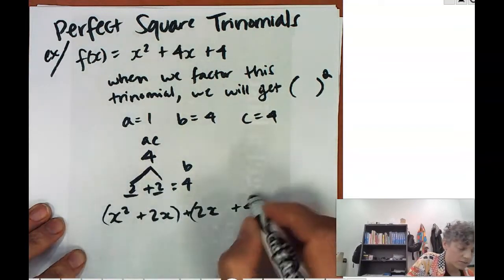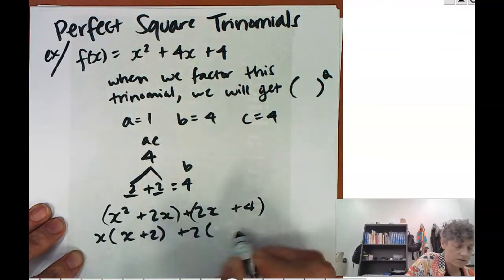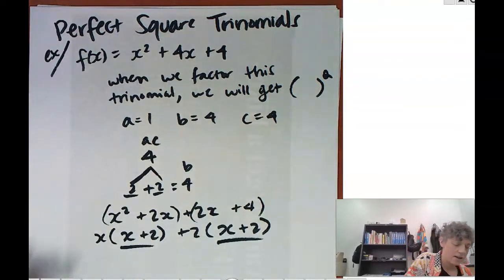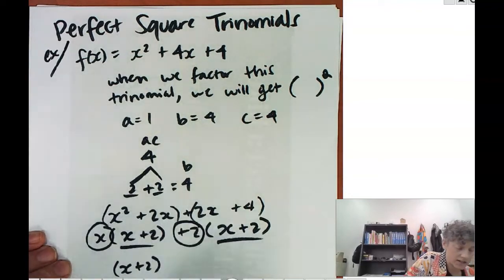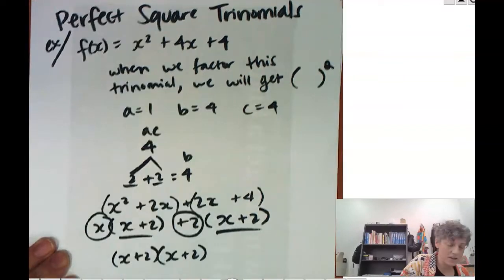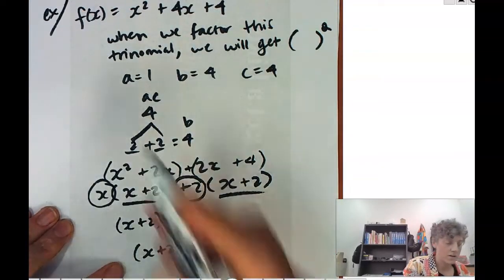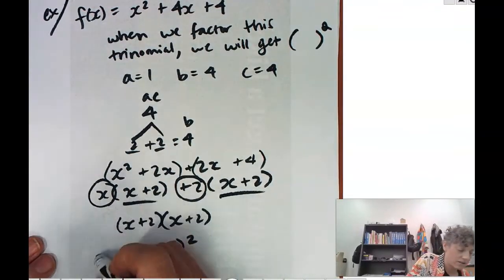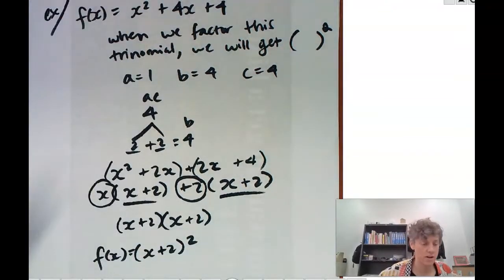Group these two, GCF is x plus 2 times x plus 2. We did a great job because the part in parentheses is the same. That becomes a factor, and the GCFs that we took out are our other factor, which is the exact same thing, so that must be x plus 2 squared. So the factored form of our standard here is something squared. This is a perfect square trinomial.